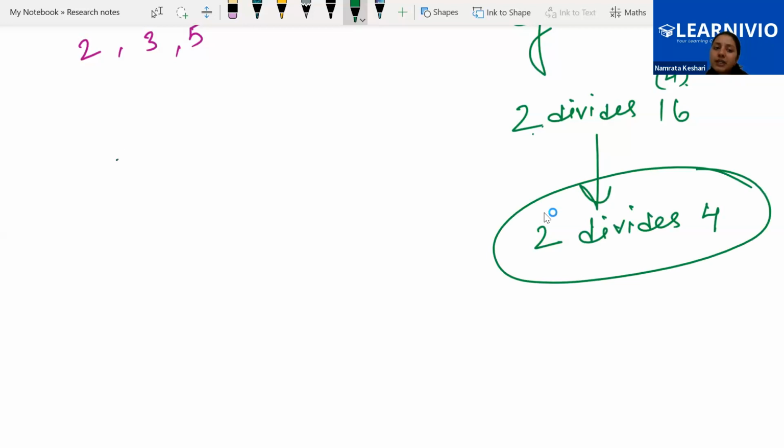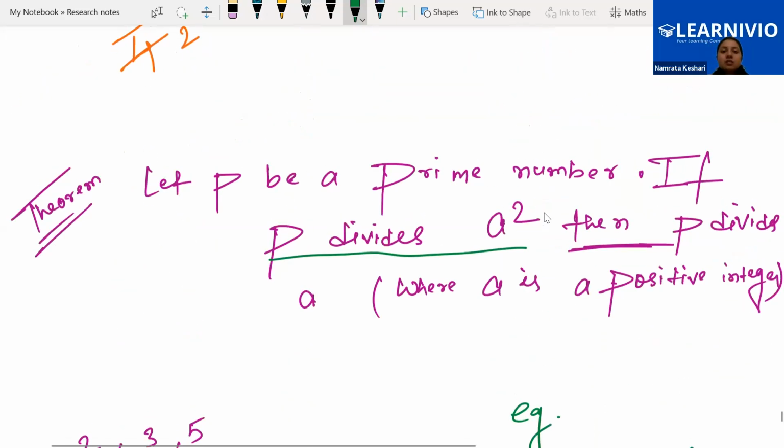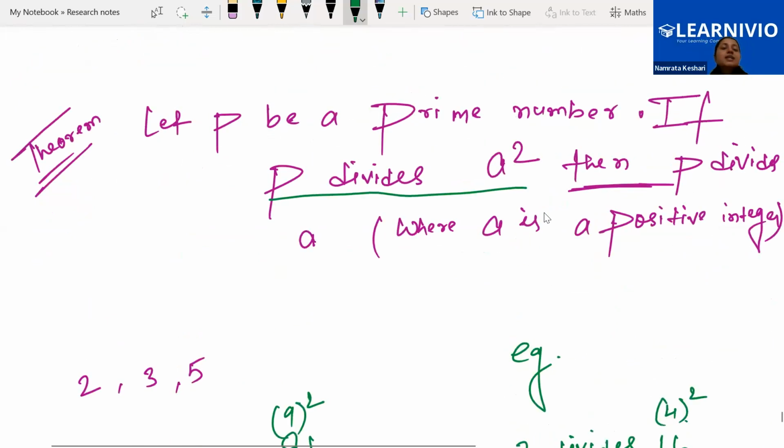Similarly, if we take 3 divides, let's say 81, then 81 is 9 square. Then we can say that 3 divides 9. We know that 3 divides 9 completely. We know that 2 divides 4 completely. So with the help of examples, we can see it's true.